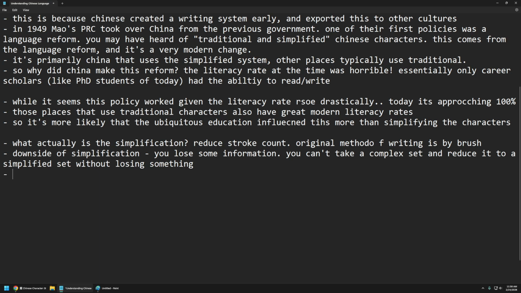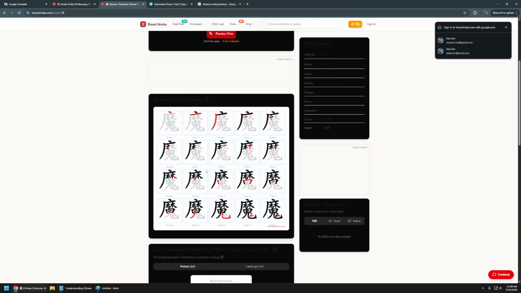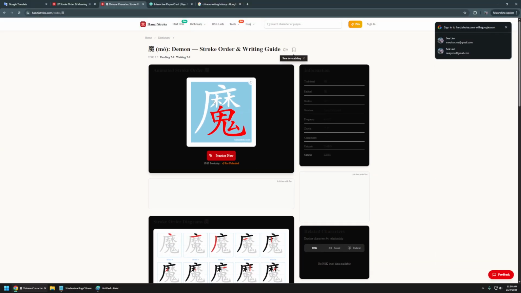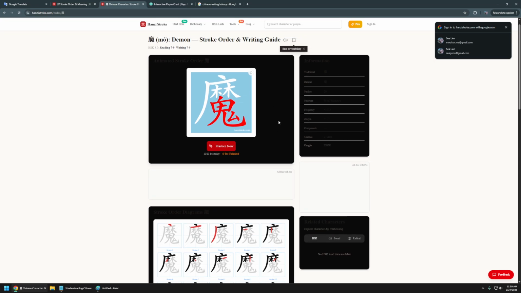So the thing you might lose is, you can tell by looking at these characters, most characters are compound characters, and if we simplify some of these compound elements, basically some different elements of the characters, which are called radicals, these other smaller pieces inside them, some different radicals would have been simplified down into basically the same ones in the simplified form. So in traditional form, it might be two different things, and in simplified form, it might be one thing, right? So you lose a little bit there.